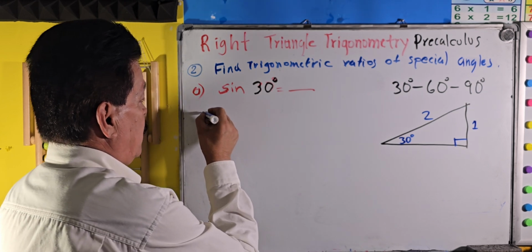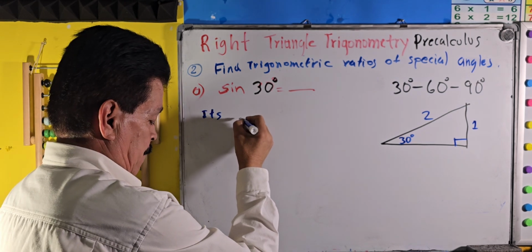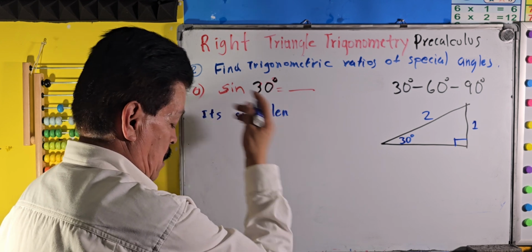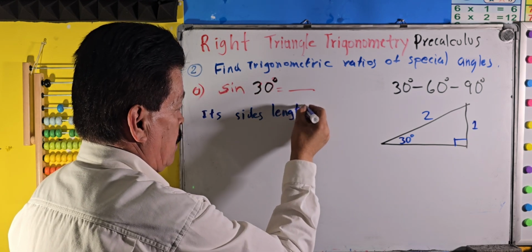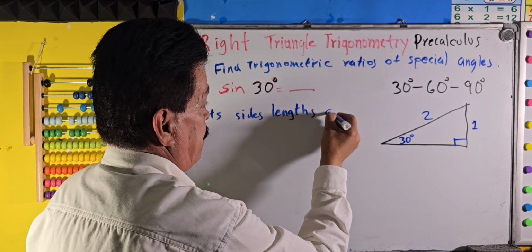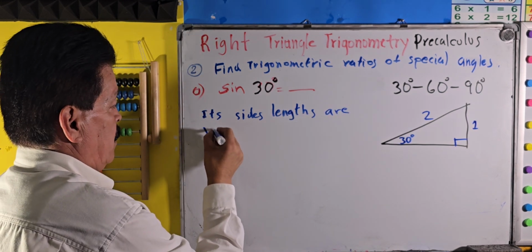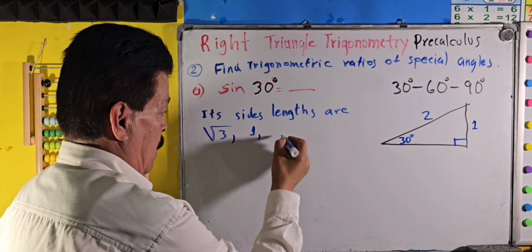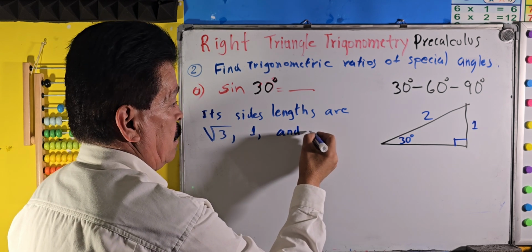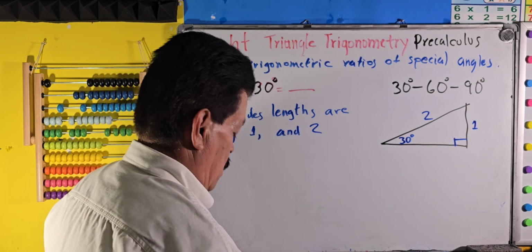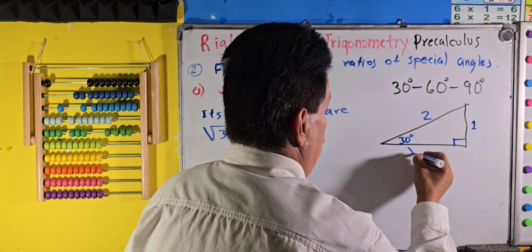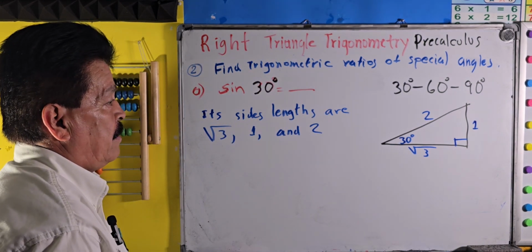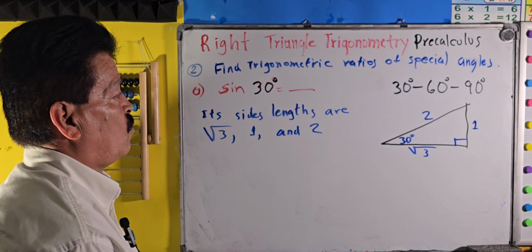So here it's square root of 3, 1, and 2. So let's write it right here, square root of 3. These are all the sides. Okay. With that data, we are able to solve our problem.